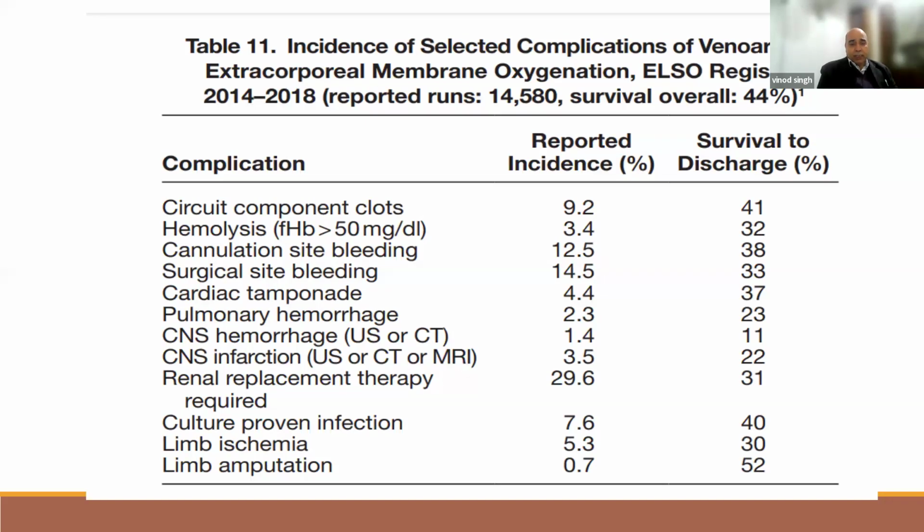These are the complications that have been reported to ELSO, and you can see the incidence. The renal replacement therapy is 29.6%. We should try to understand this, because AKI can occur due to ECMO, or due to the disease process itself. And it is very difficult to differentiate whether the acute kidney injury is due to the disease process or due to ECMO.